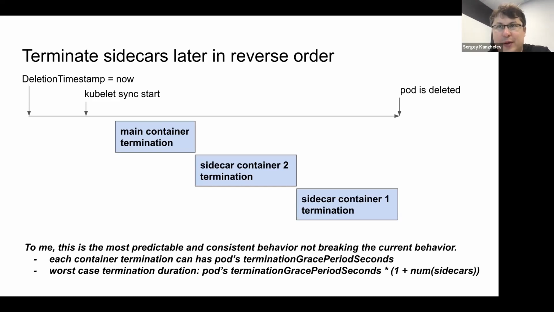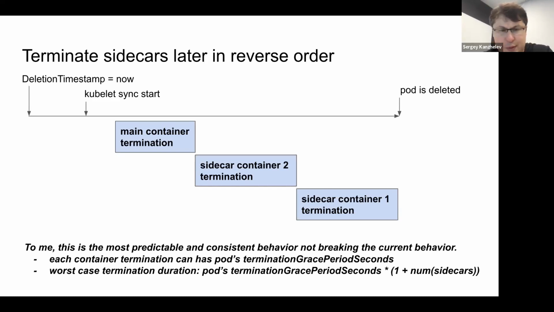You don't get a specific order, and you need to think about implementation very carefully. But the second scenario it satisfies very well, because you give each container, including sidecars, enough time to terminate, even though the termination period is very short.